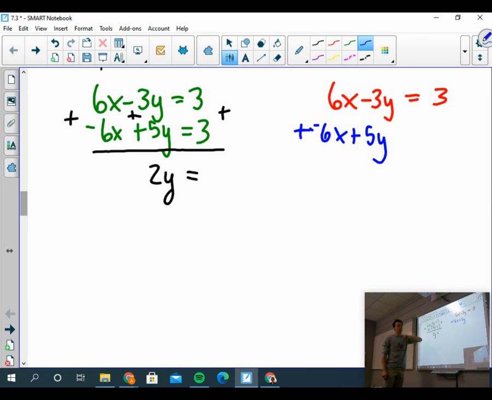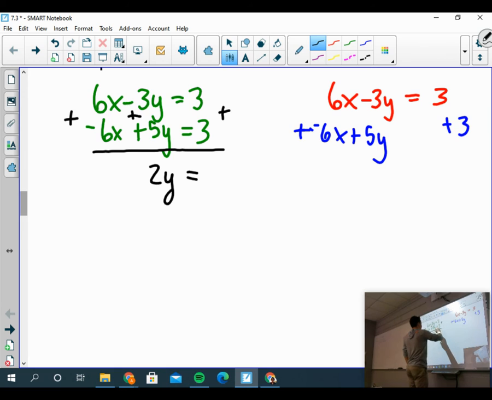Instead, I want to add what it's equal to, which is 3, since 3 equals negative 6x plus 5y. By doing this, I've met the criteria of what I do to one side, I do to the other. And by doing it this way, I'm going to get a much nicer equation. So what you see me doing in blue and red here is really what I'm doing when I add the stacked equations.